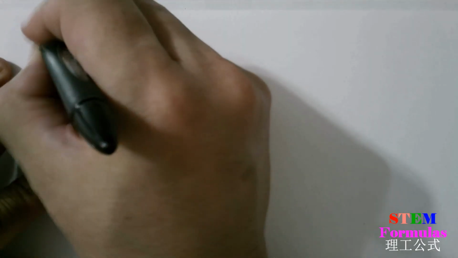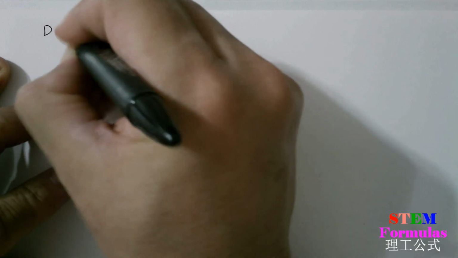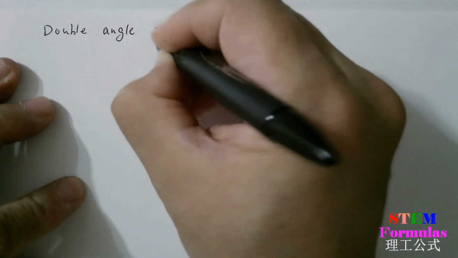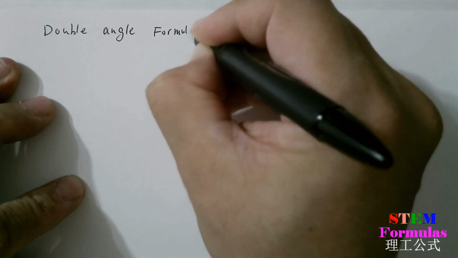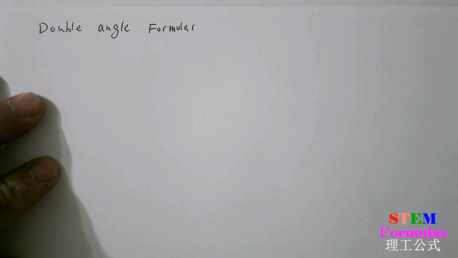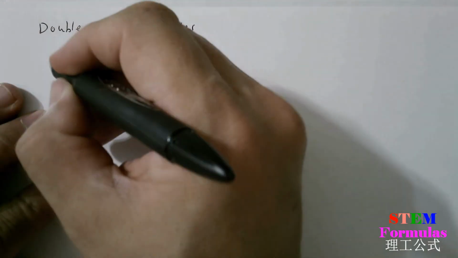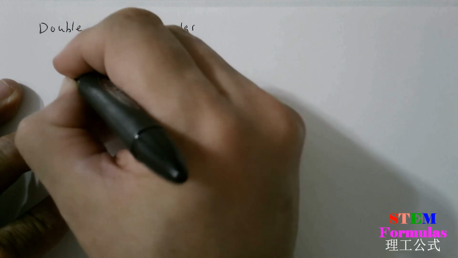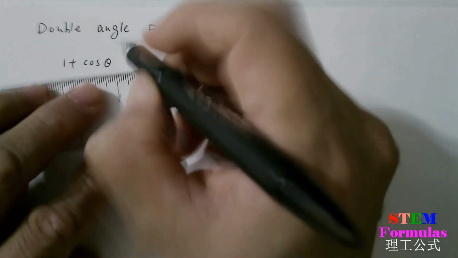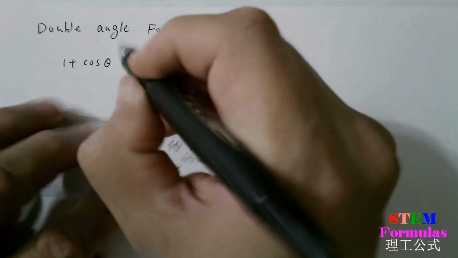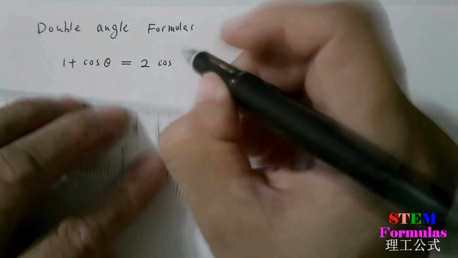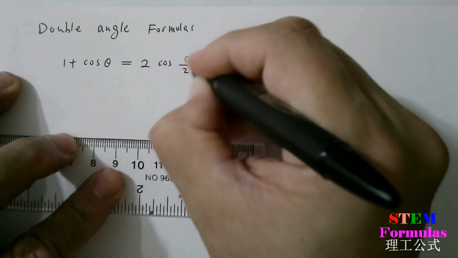Double angle formulas. I write them in this form: 1 plus cosine equals 2 cosine half square.